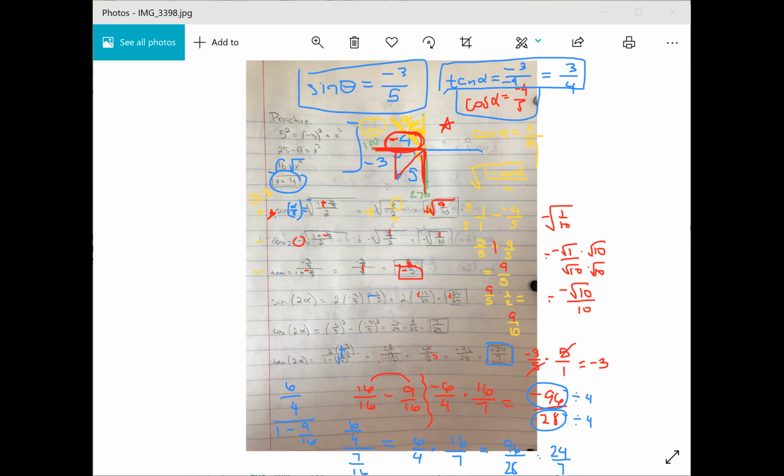So this is all information that we have determined, and then we can take this information and plug it in. But if we don't have this information and it's something like the very first question that I talked about, where they actually gave us the angle, then we can determine whether it's positive or negative by taking the half of that angle and seeing what quadrant it lies in.